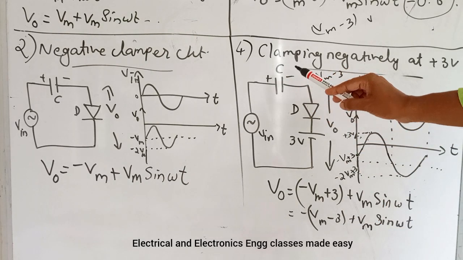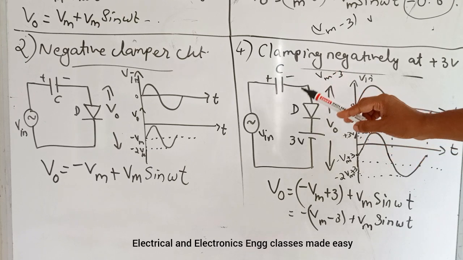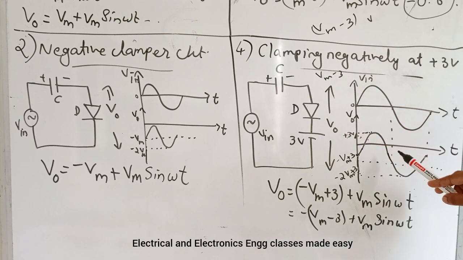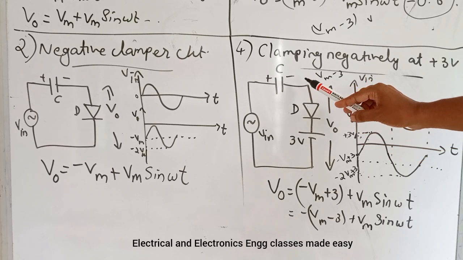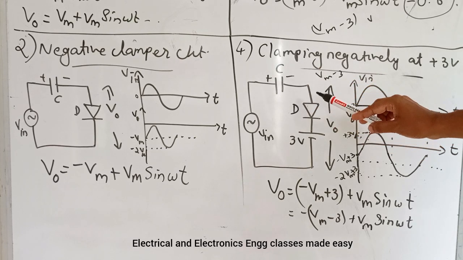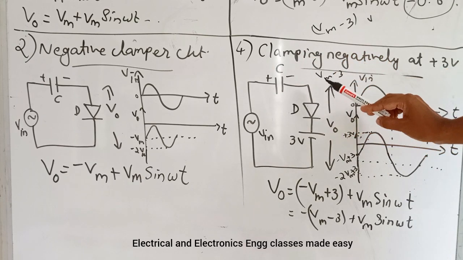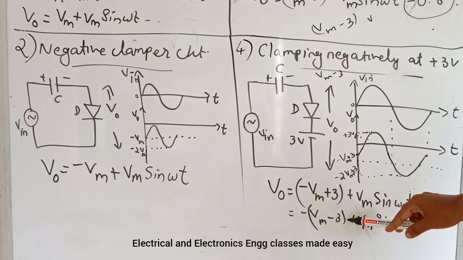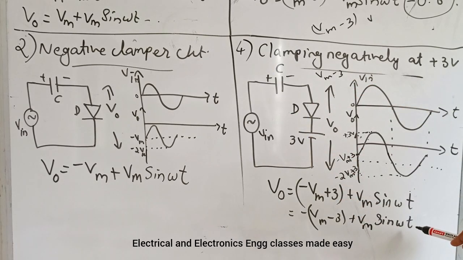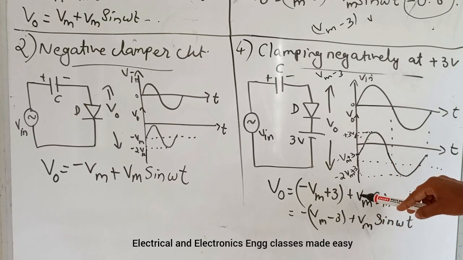So this capacitor charges up to Vm minus 3. Then during the negative half cycle it cannot discharge because this is an open circuit. So the output voltage will be minus of Vm minus 3 plus Vm sin omega t, and we can write minus Vm plus 3 plus Vm sin omega t.